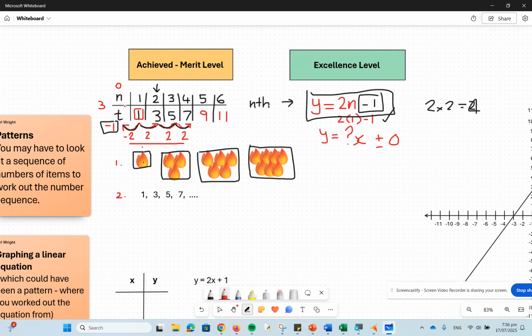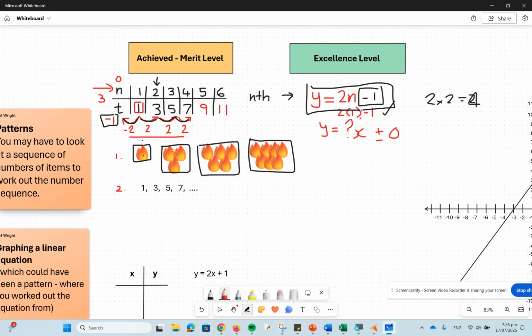The n number is this number sequence here. So by replacing n with one of these numbers, 1, 2, 3, or 4, I can go 2 times whatever n is, and then see if I can get the number underneath it by either adding or subtracting. Okay, so that's one way of doing it. That's how you can get excellence.